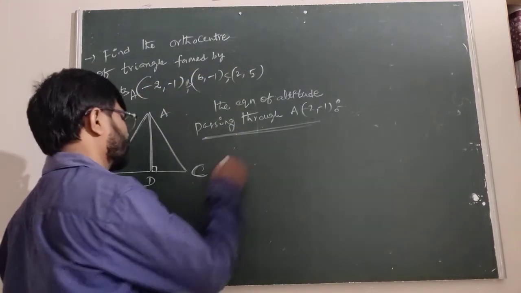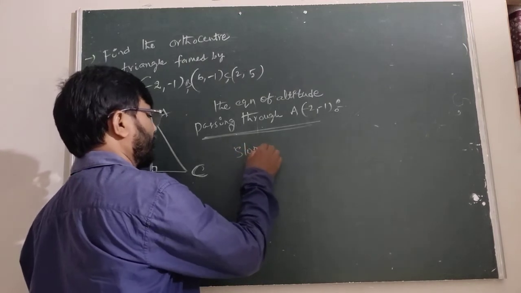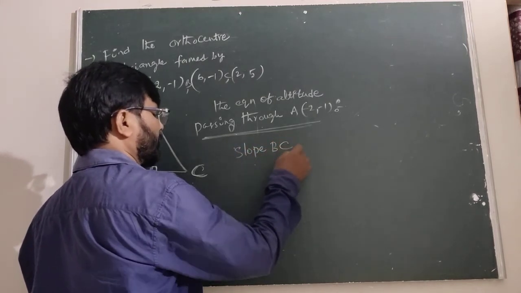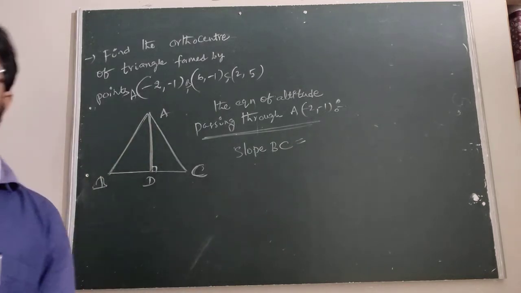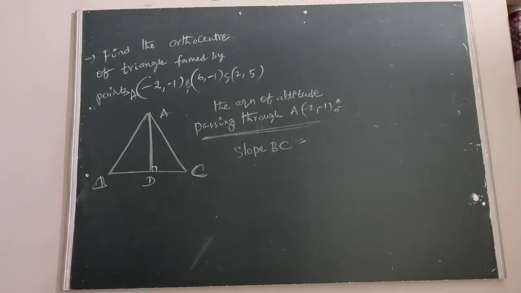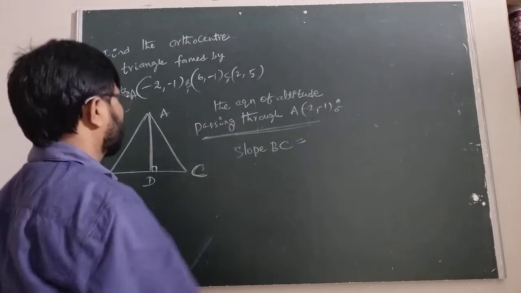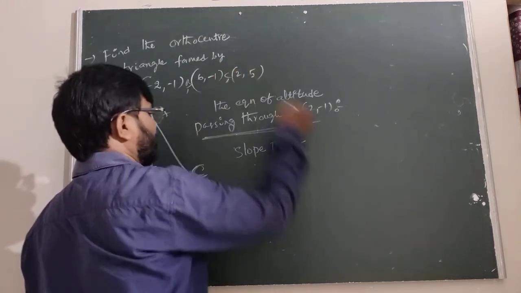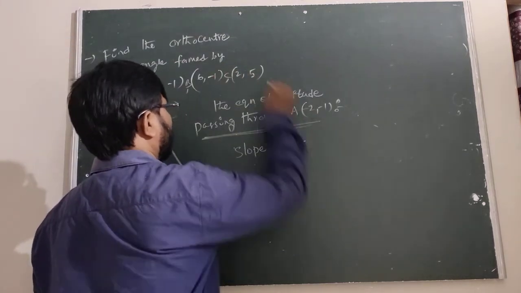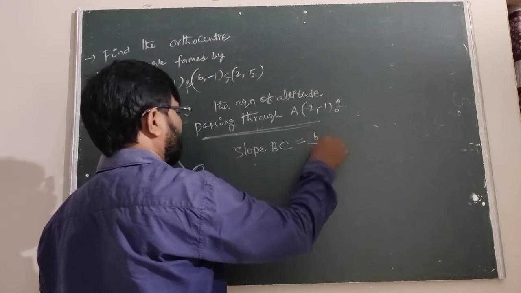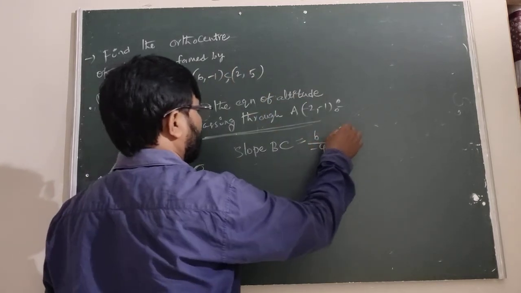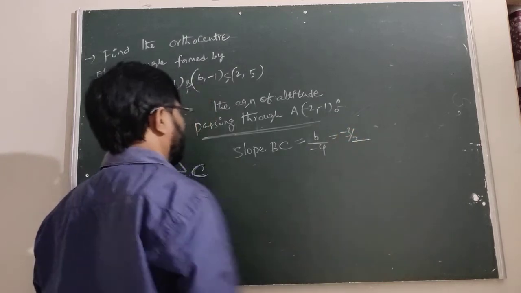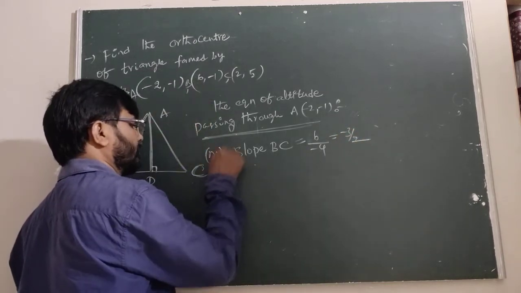First we find the slope of BC. What is the slope of BC? y2 minus y1 by x2 minus x1. Slope of BC is 5 minus of minus 1, that is 5 plus 1 is 6, upon 2 minus 6 is minus 4. Now this is minus 3 by 2. Is it clear how to write?